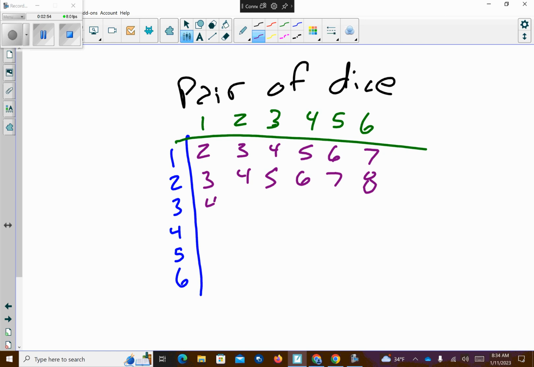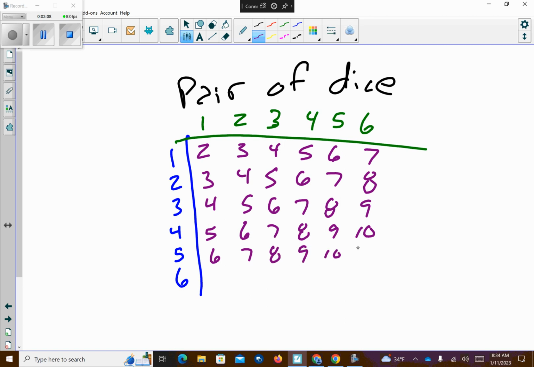And then 4, 5, 6, 7, 8, 9. Then 5, 6, 7, 8, 9, 10. 6, 7, 8, 9, 10, 11, and then 7, 8, 9, 10, 11, and 12.